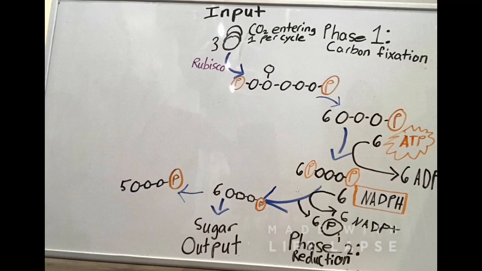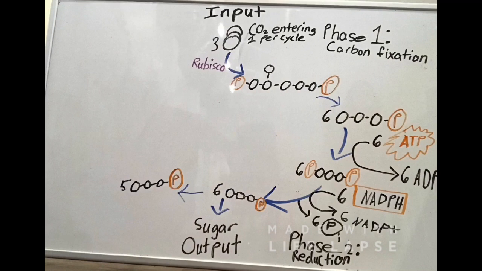Next, a pair of electrons donated from NADPH reduces 1,3-bisphosphoglycerate, which also loses a phosphate group in the process, becoming glyceraldehyde 3-phosphate, or G3P. The electrons from NADPH reduce a carboxyl group on 1,3-bisphosphoglycerate to the aldehyde group of G3P, which stores more potential energy.